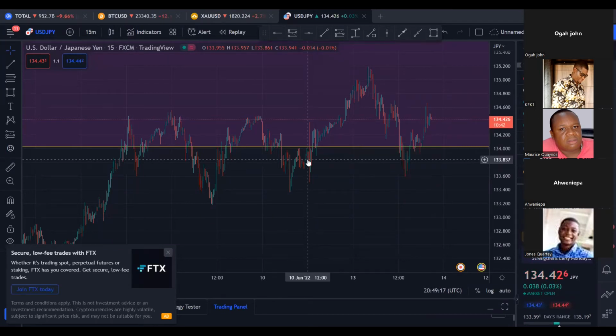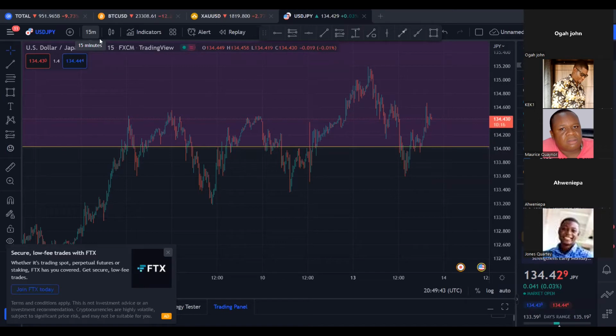At least that is best, so that you will not see too much noise and will be able to know the direction. So when I go there, I'm going to look for support and resistance, demand and supply zones, then candlestick formation and patterns.